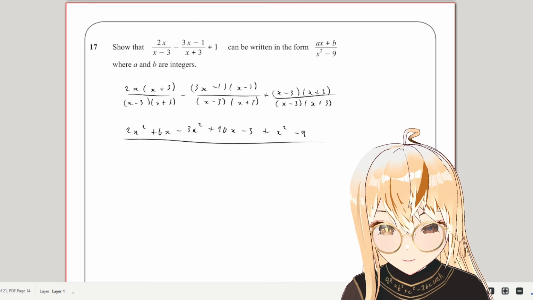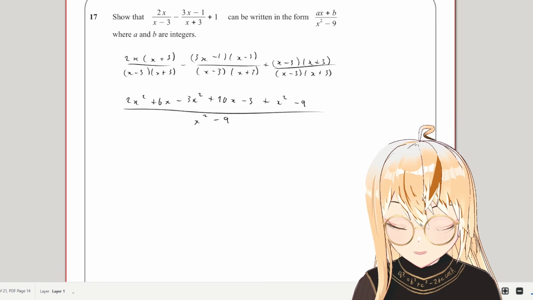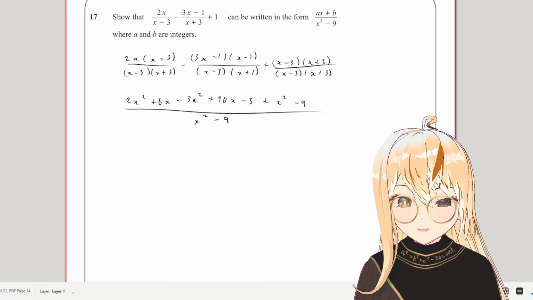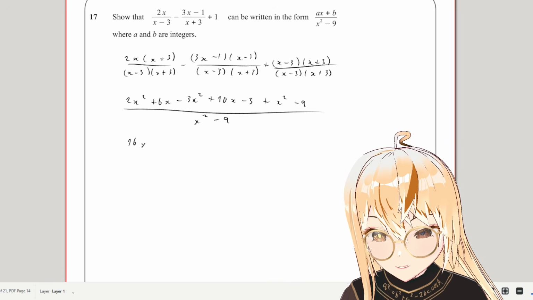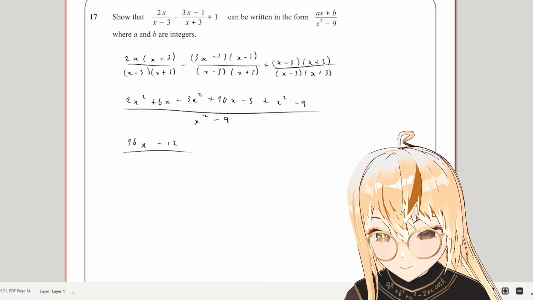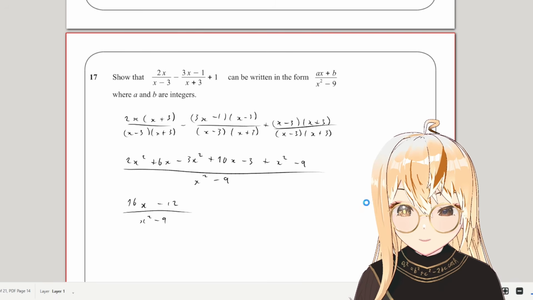All of that over the difference of 2 squares. So I can see that the x squareds cancel out because there's 2 minus 3 plus 1, and then we've got 6x plus 10x, 16x, and then minus 3 minus 9, which is minus 12. That was pretty quick.